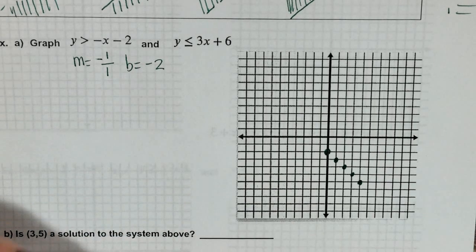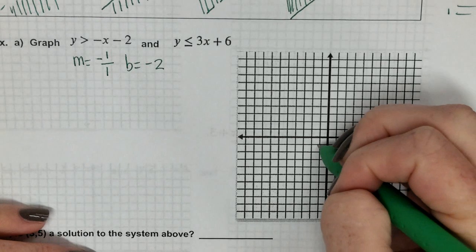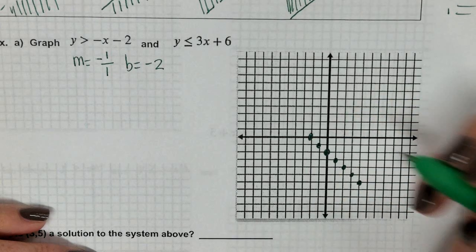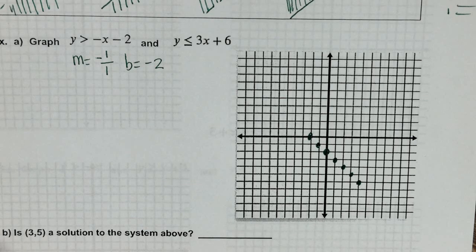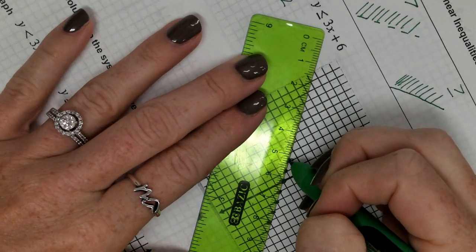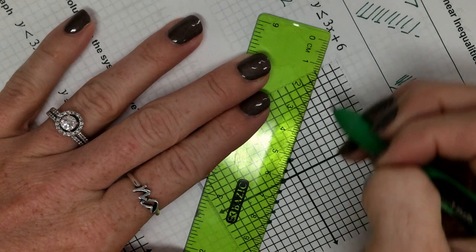What else could I do instead of down and right? Up and left. So up 1, left 1. Okay, now before I make my solid line, I need to look and say, should this be solid or should this be dashed? Dashed. So I'm going to take my straight edge and I'm going to draw a dashed line going through this.